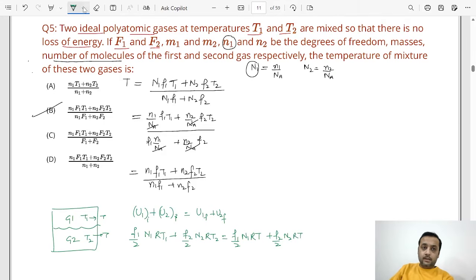Cool. Now it's over, job done. R and 2 cancel, so the value of T will be F1 N1 T1 plus F2 N2 T2 divided by F1 N1 plus F2 N2. So that is how we get this formula. I hope you have understood.